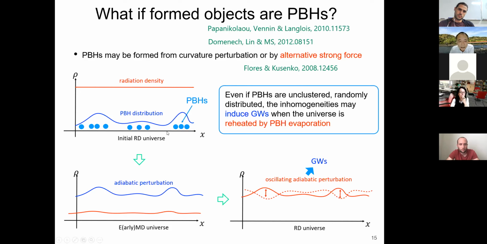So in this case, although the curvature perturbation responsible for the primordial black hole formation would have generated gravitational waves, the amount of gravitational waves would be smaller than the radiation energy density.